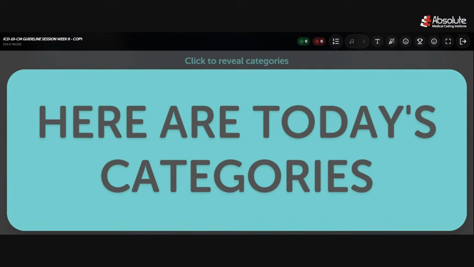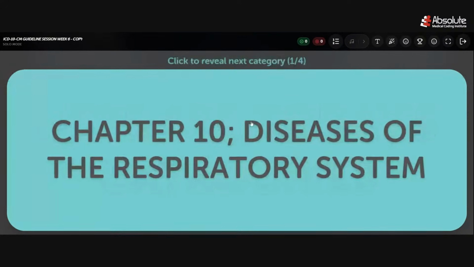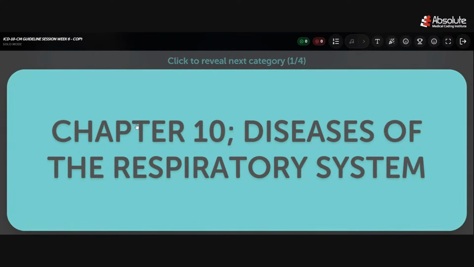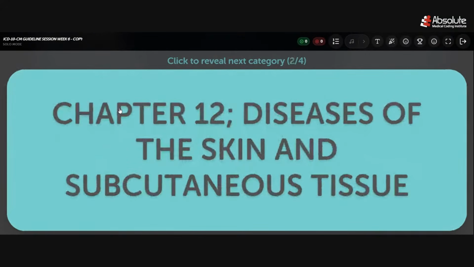These are the categories for our week 6. We have chapter 10, diseases of the respiratory system. We have chapter 12, refer to guidelines found elsewhere.